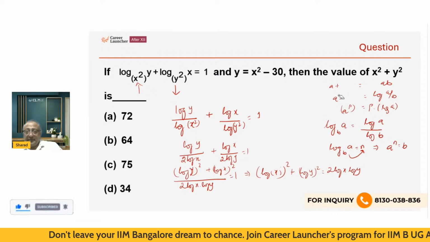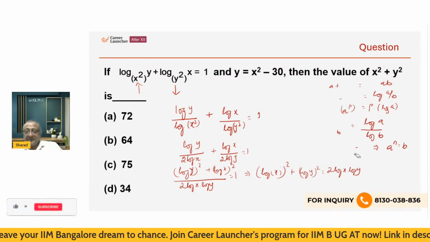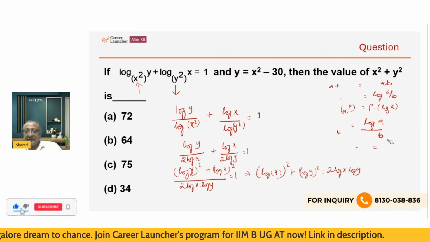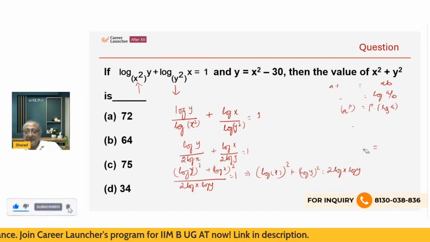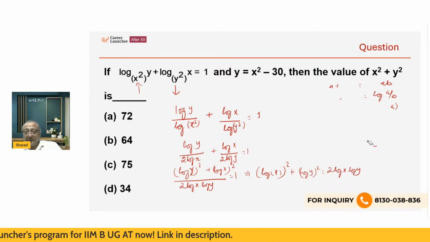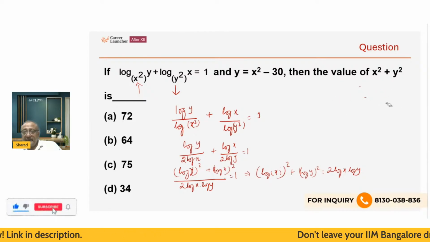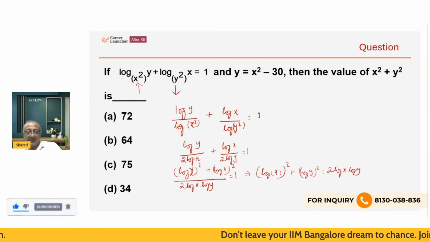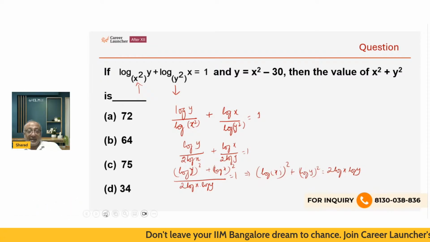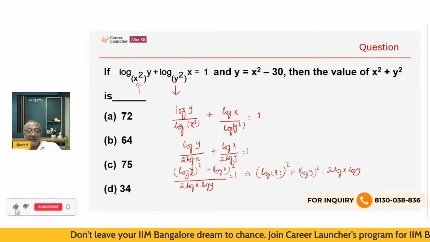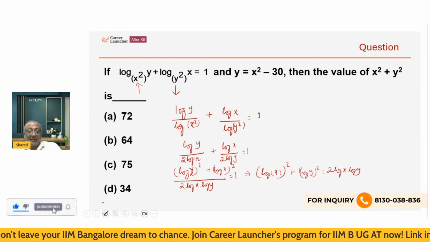Let me erase these formulas which I have written so that you can have a better recall. Let us look at this. Oh, this is a square plus b square minus 2ab.